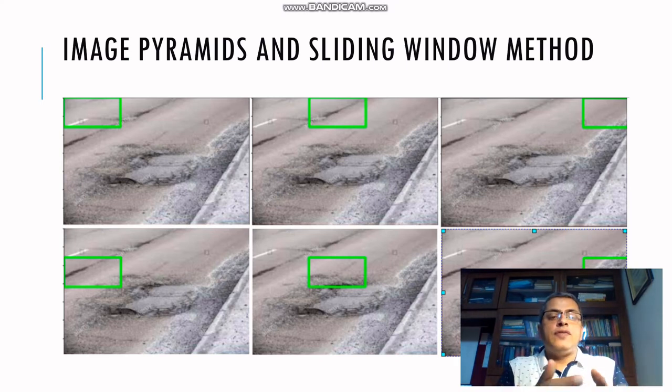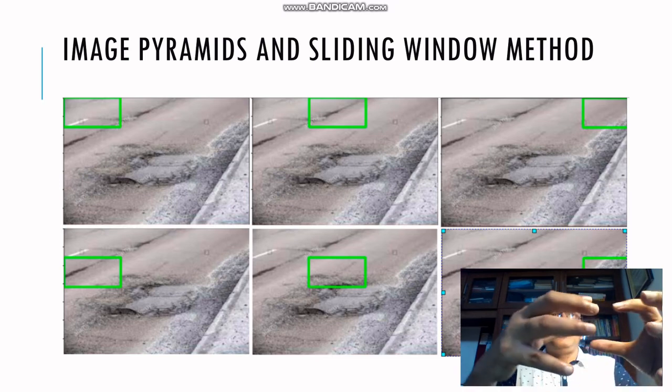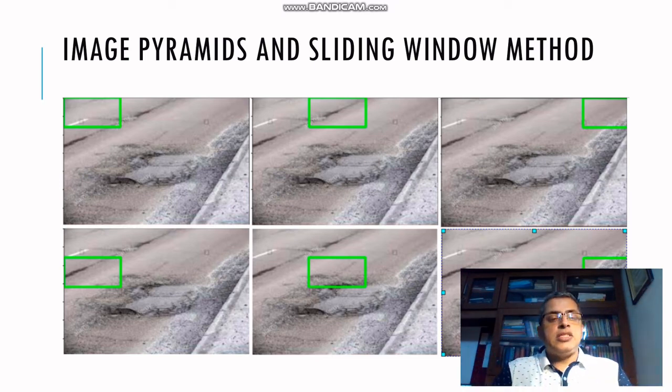If it is beyond a certain probability threshold, we accept that there is an object, and otherwise we reject it. Then we progressively scale the image down to different scales, and the same process happens, and you get a lot of regions of interest where the object is very likely to be. So that's the overall concept behind this.